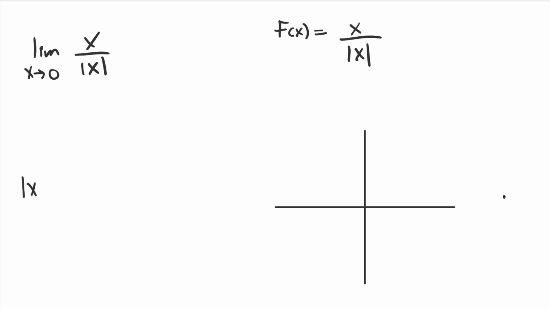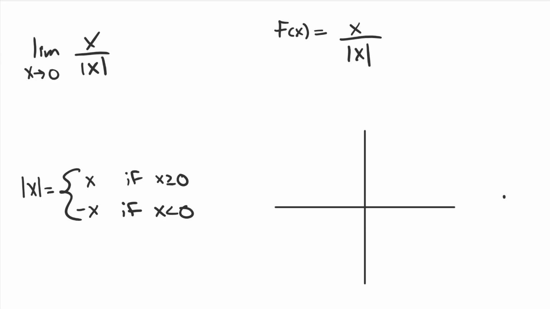Did you know the absolute value of x is actually just a piecewise function where it equals x if the values are positive or 0? What's the absolute value of 4? 4, because 4 is positive. And it's equal to negative x if x is less than 0. Because what's the absolute value of negative 3? It's 3, right?